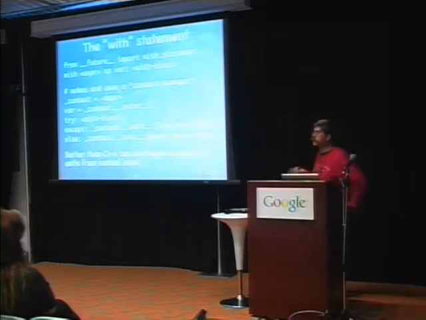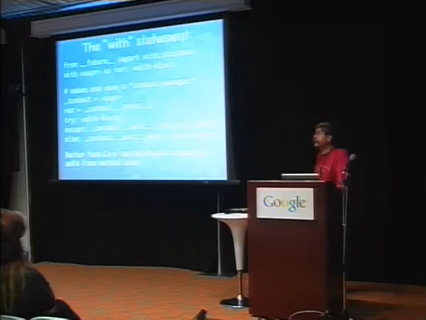The expression is evaluated and assigned to an anonymous variable, which we will name underlying context just to be able to tell what we're speaking with. Then the enter method is called without arguments on that context object, context manager specifically. But the result of that is assigned to var if there is a var, an as var clause.